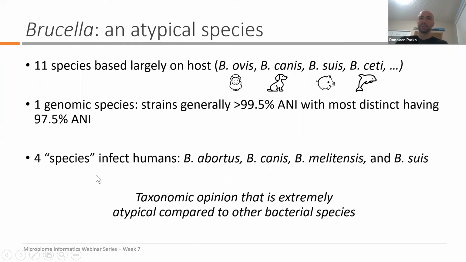And I think illustrating that is that there are 4 different species that infect humans, as listed here. Nonetheless, this is the current taxonomic opinion in the literature. It's a valid taxonomic opinion, but one that is extremely atypical compared to how we define bacterial species in other parts of the tree.